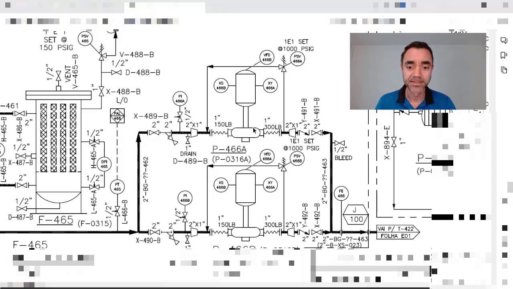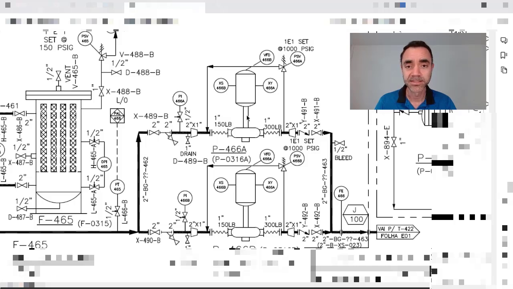You can see that there is this flexible hose in the suction and also in the discharge, and you can verify that the flanges in the suction have a lower pressure rating than the discharge because in fact the pump is getting lower pressure and increasing to build higher pressure.